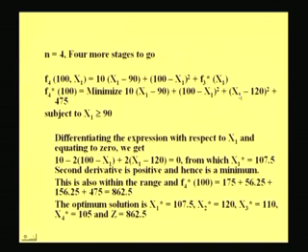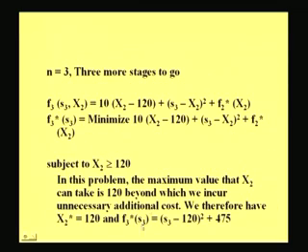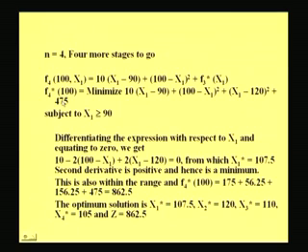The x1 minus 120 the whole square plus 475 comes from the earlier statement S3 minus 120 the whole square plus 475. So the whole thing repeats again. Most importantly, subject to the condition x1 greater than or equal to 90. Now this 90 is the minimum requirement that we have for this.